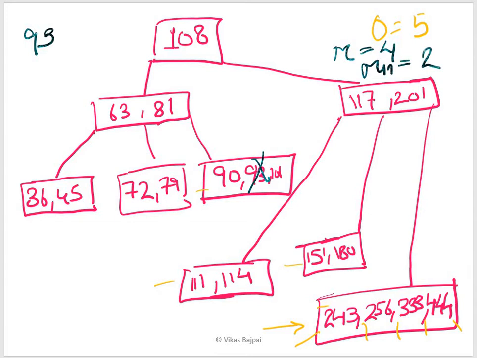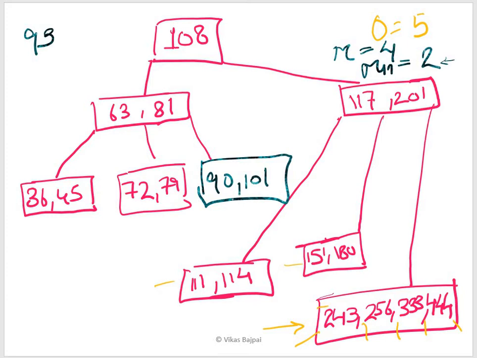So if I remove this, it is not going to bring any impact on the minimum key values rule. So simply I can get this as 90, 10. I've simply removed 93, and there isn't any impact.